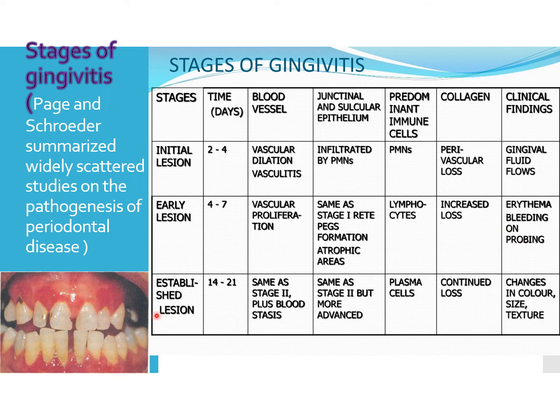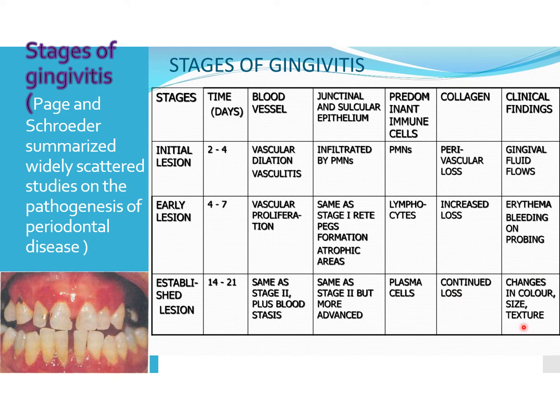Coming to the established lesion, that is the chronic gingivitis, the third stage, which occurs in 14 to 21 days. Same as stage 2, there will be vascular proliferation, which leads to venous stasis, that is the blood stasis. The junctional and sulcular epithelium will be the same, with rete ridge and atrophic formation at a more advanced stage, and the predominant cells will be plasma cells, with continued loss of collagen.